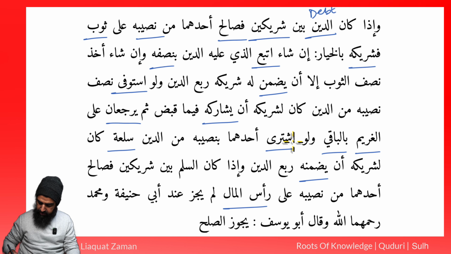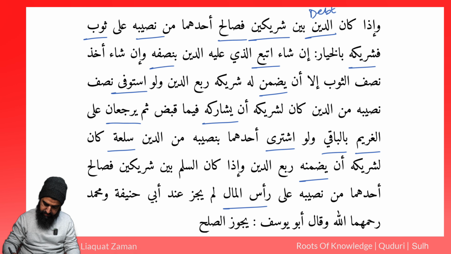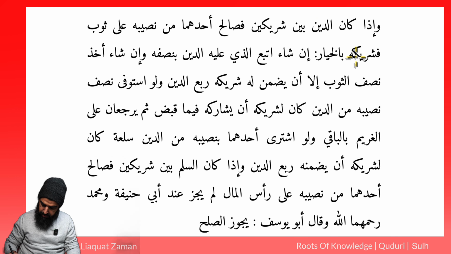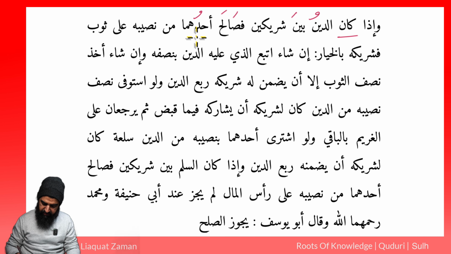All right, let's have a look at Tarkeeb then. So إذا كان is فعل ناقص. الدين is the اسم. بين الشريكين مضاف إليه. صالح أحدهما فعل فاعل. من نصيبه جار مجرور. على ثوب جار مجرور. فشريكه is the مبتدأ. بالخيار إن شاء اتبع.